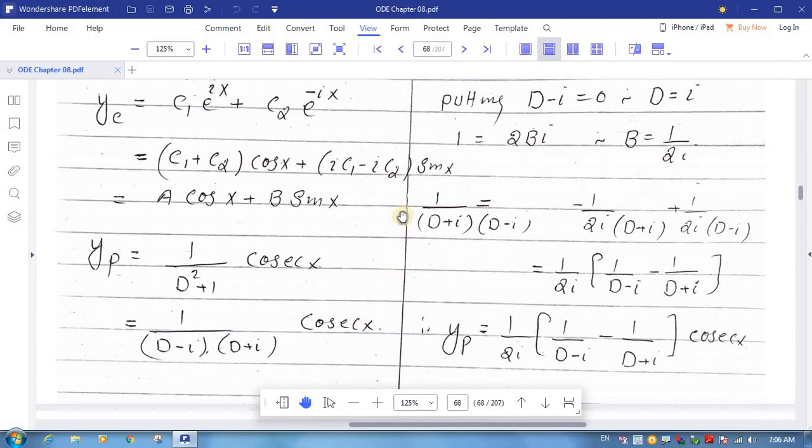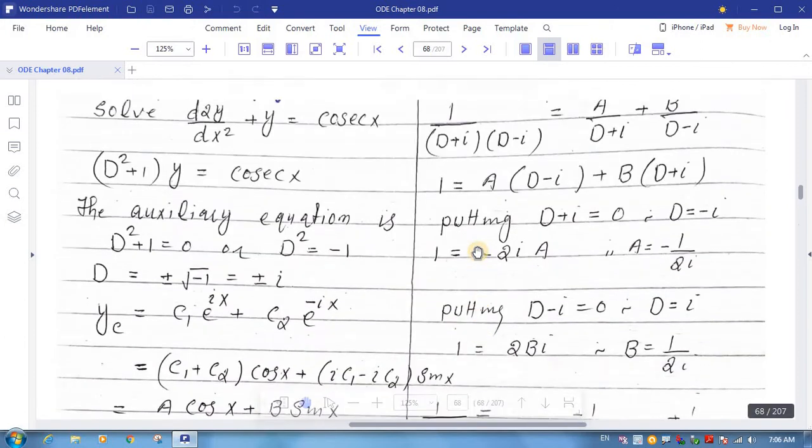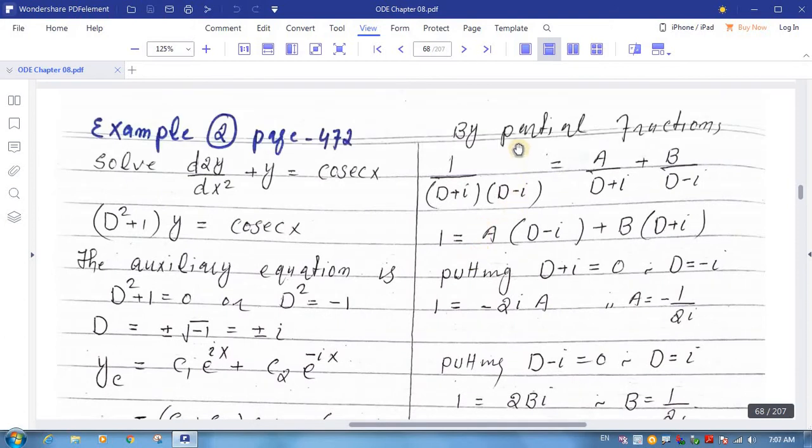Now we have to find the partial fraction of this proper fraction: a divided by the first linear factor plus b divided by the second linear factor. Multiplying this equation by the denominator we get 1 equal to a into this factor plus b into this factor. This is the simplification.